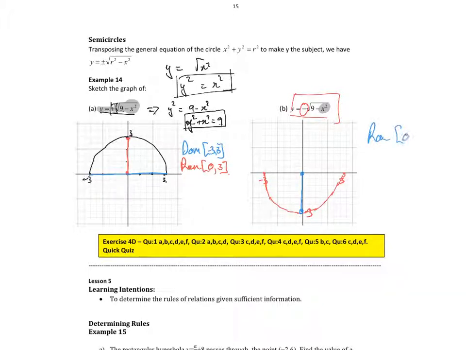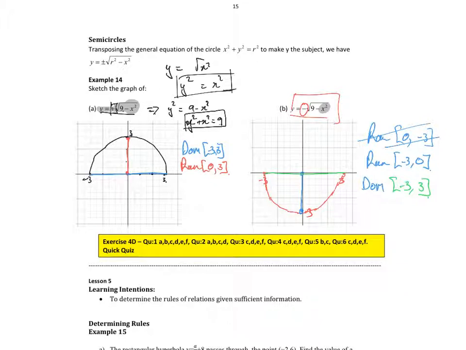So 0 to, oops, I was going to put 0 to negative 3, but we actually want to write the range from lowest number to highest number. And my domain across here, clearly from negative 3 to 3. All right, so there's the full spectrum of graphs that you need to be able to analyze.